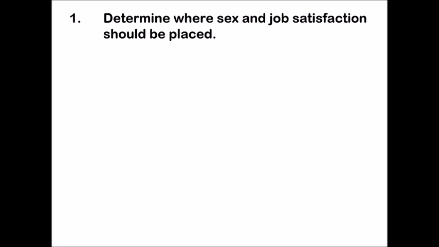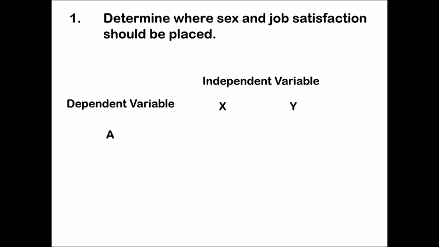So let's determine where sex and job satisfaction should be placed. Which is the independent variable? Is it sex or job satisfaction? Of course, the answer is that it's sex.